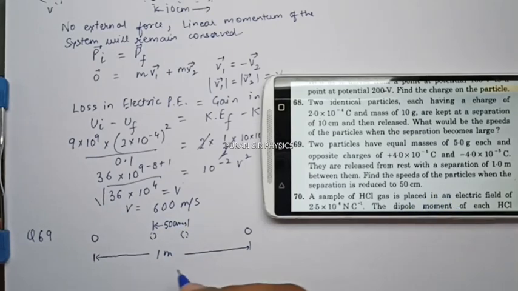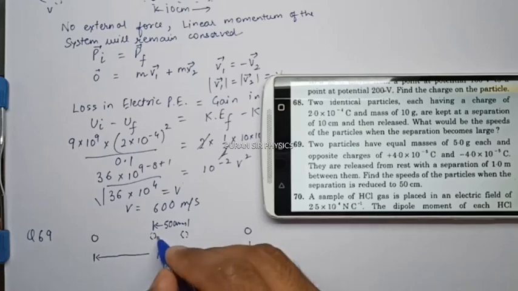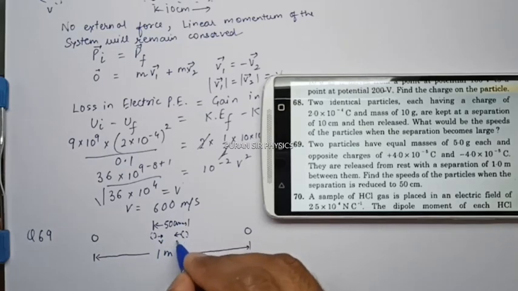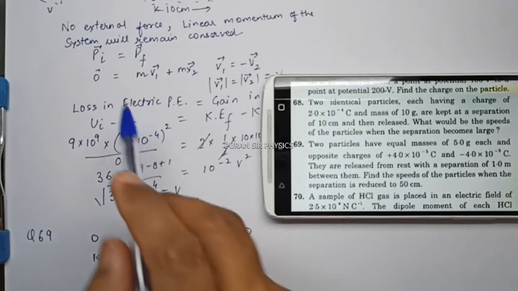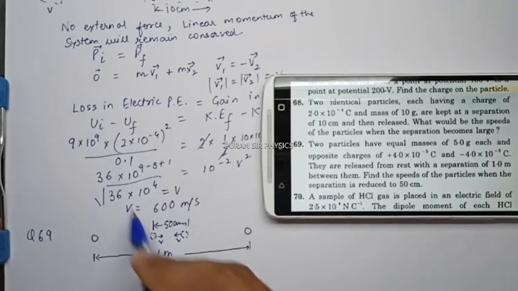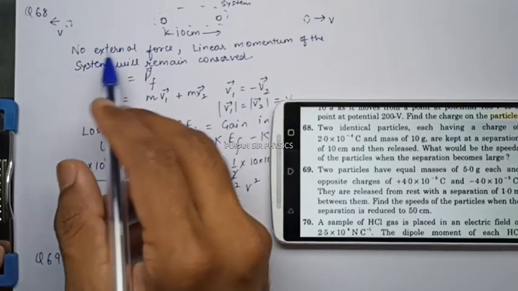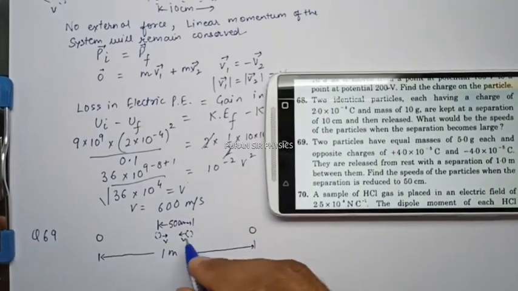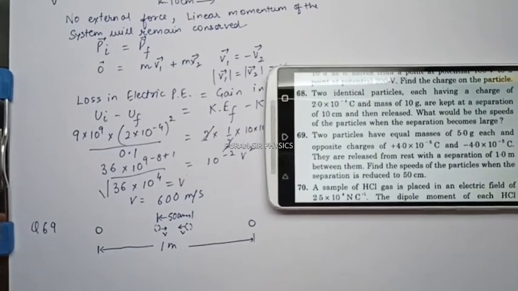So we have to find the speed of the particles. Let us say again both the particles have the same mass and they are identical. So the speed attained by both the particles will be the same. We can give the same justification as we have done in the previous question. So both have the same speed.